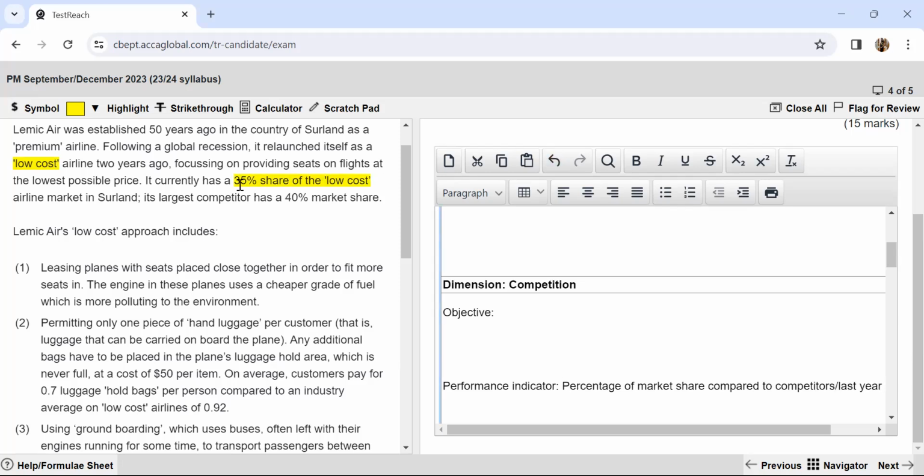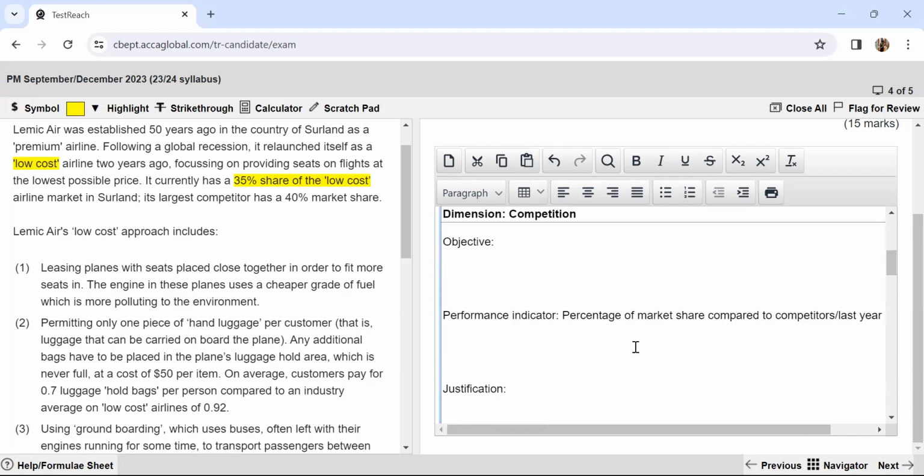So this year we have 35%, maybe next year if we bring it to 38%, that's still an improvement of 3%. So this can be the performance indicator: the percentage of market share compared to the competitors or compared to ourselves last year.